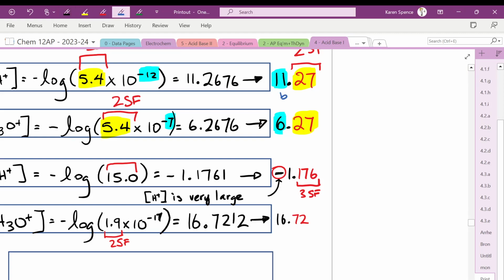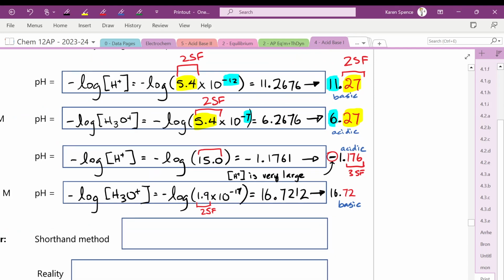Basic. 6.27, acidic. We're not going to say weak or strong because it could just be dilute, right? Negative 1.176, acidic. And 16.72, basic. Okay, so that's good.